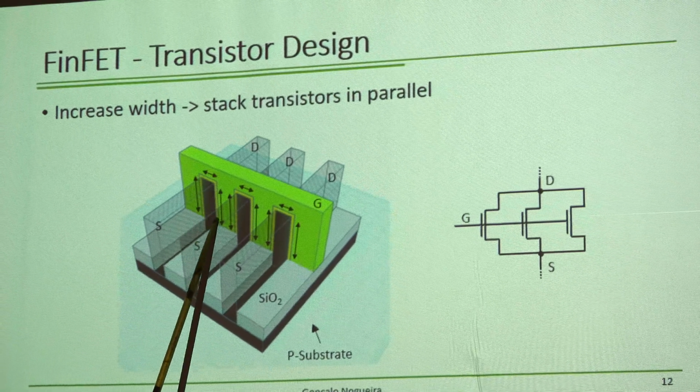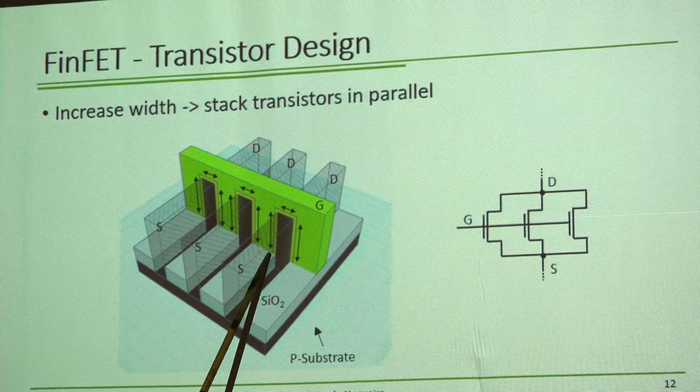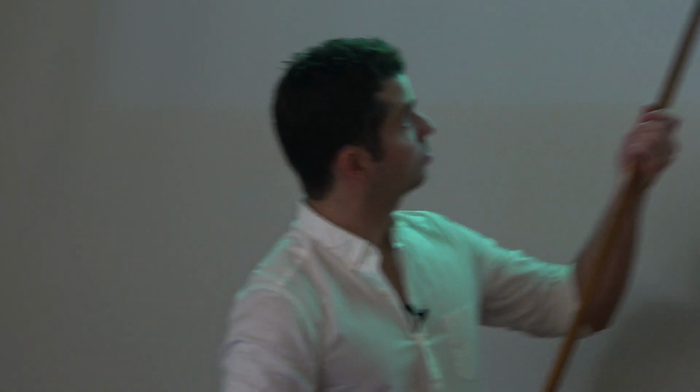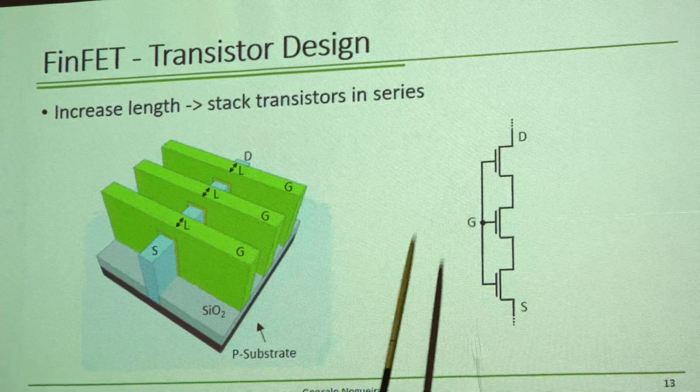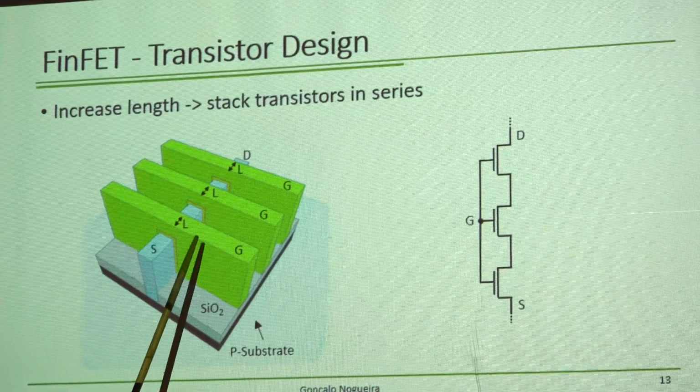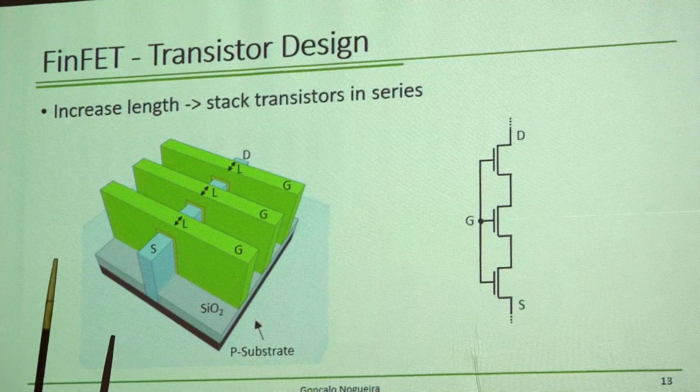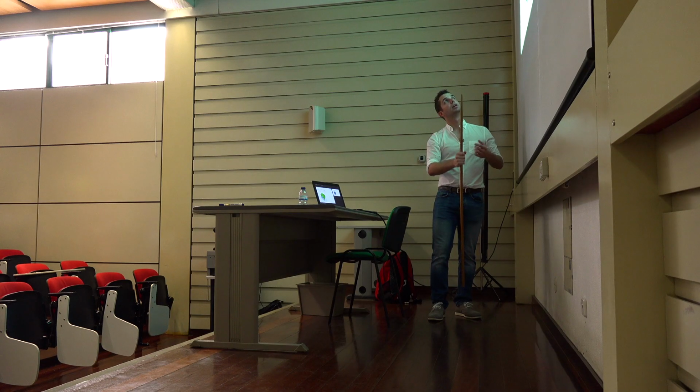So this means that you have these as width of the transistor. That's 3 times the width. As per the length, you can increase the length by stacking transistors in series. You short the gate, define source and drain on one side, and this is more or less how it looks in 3D.